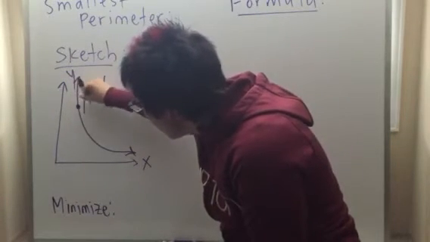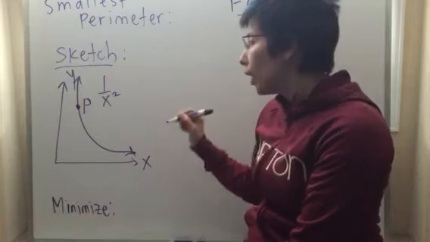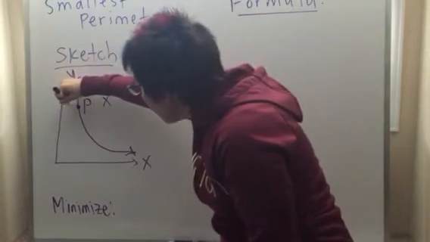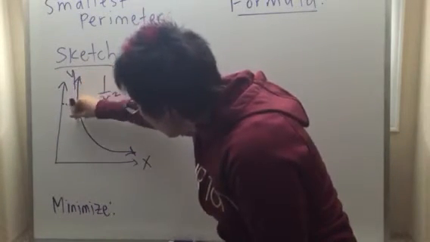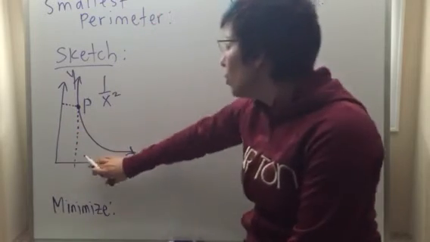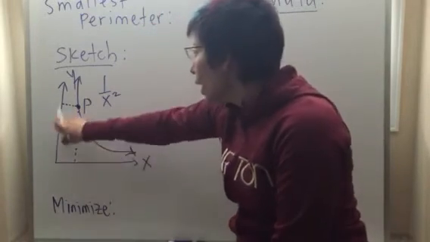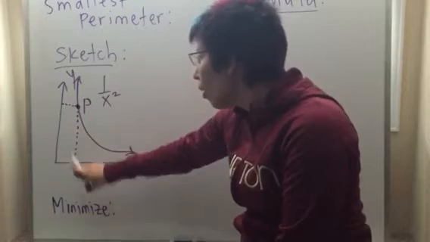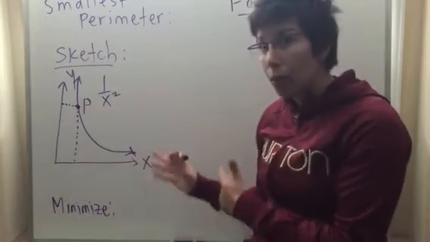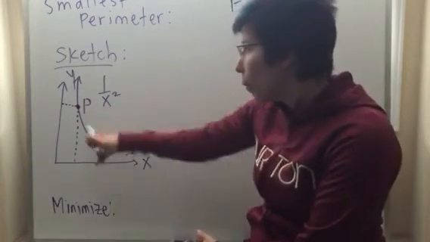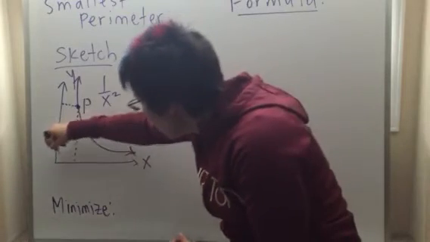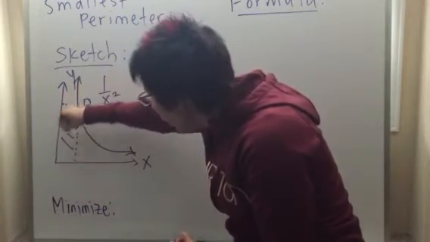So let's say that this is an x, y point that is P. And then, if you want to make a rectangle out of this, we would do so using the x and y axes as the sides of the rectangle and that one vertex at P. So I think we've translated the word problem into a picture fairly well. This is the rectangle that I'm talking about right here.